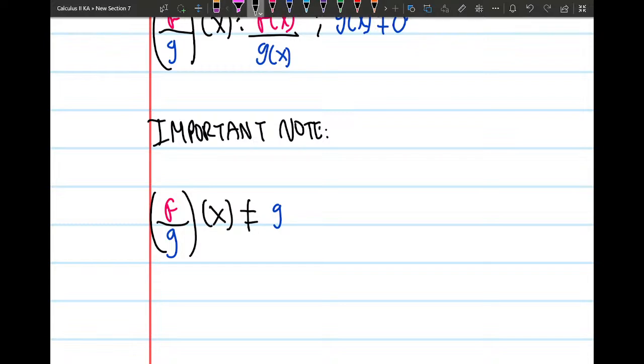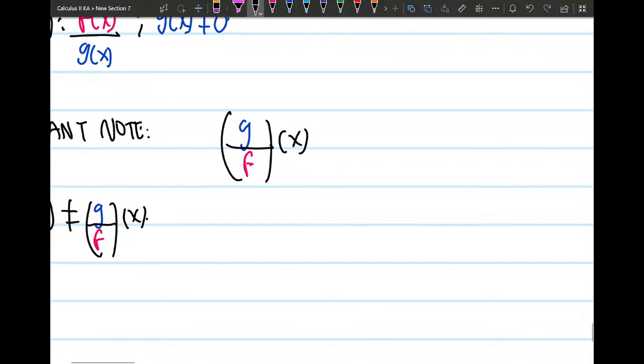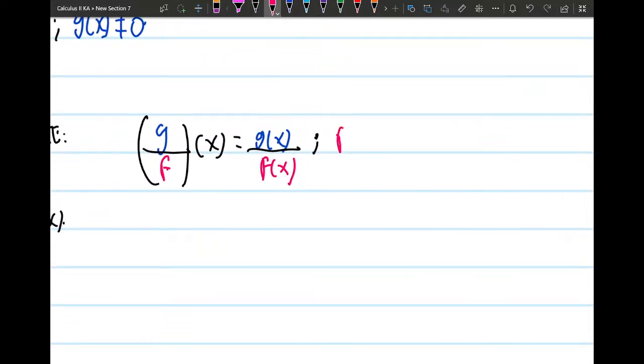And also, g over f of x is equal to g of x over f of x, such that f of x is not equal to 0.